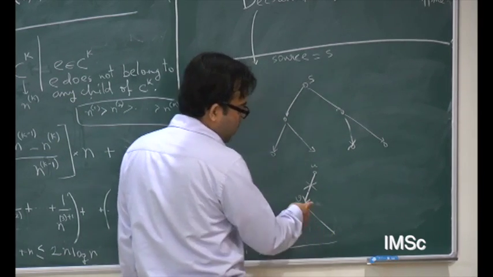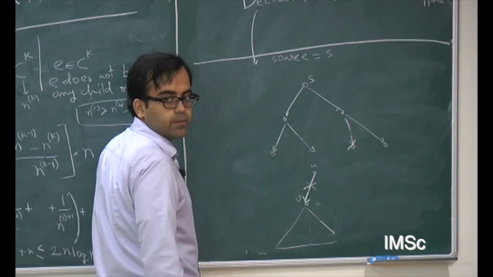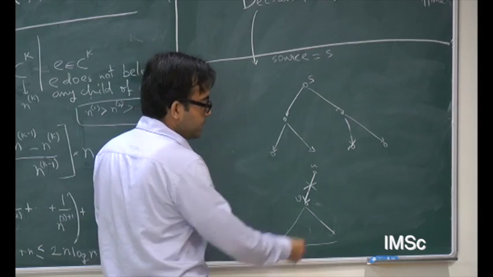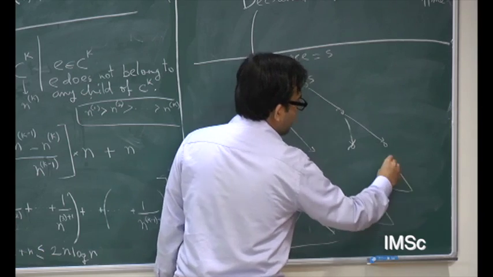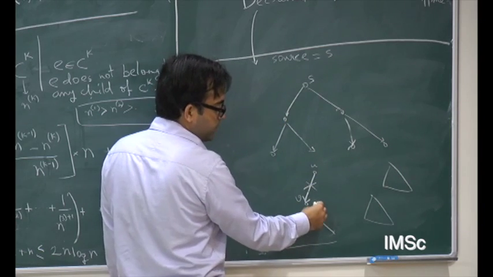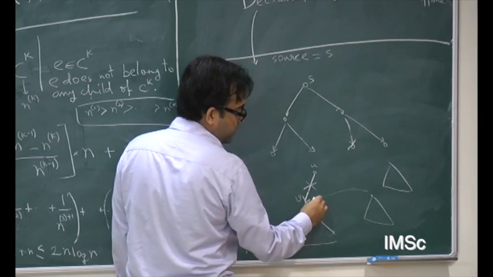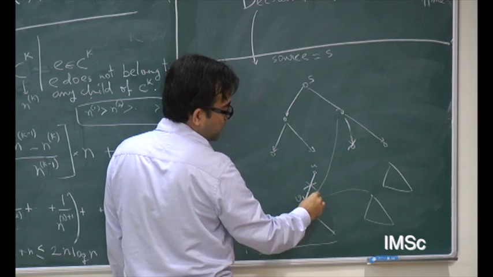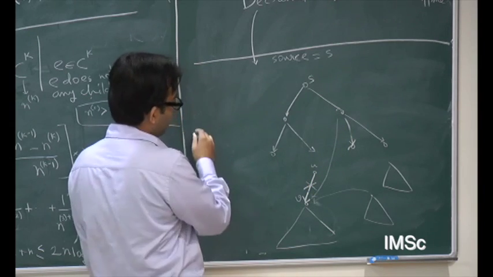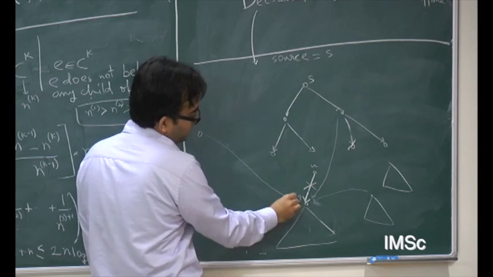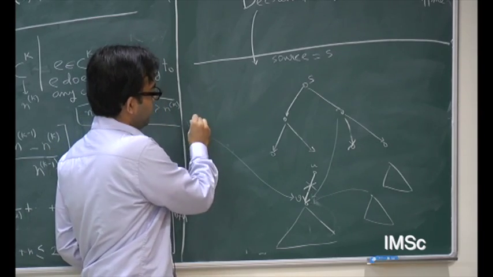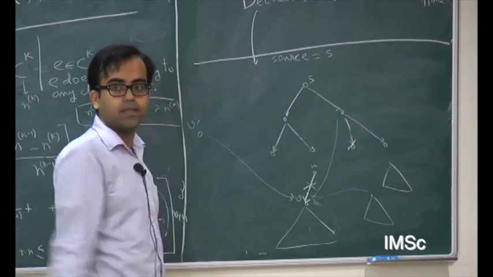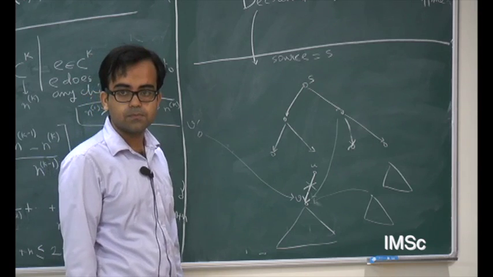So, all the incoming edges to V are either from some other regions of the tree. I mean, there can be an incoming edge like this, or there can be an incoming edge like this, or they are from some nodes that are outside the tree. So, this guy is a bad node, say V prime, it is not reachable from S, but it has an incoming edge. Okay.